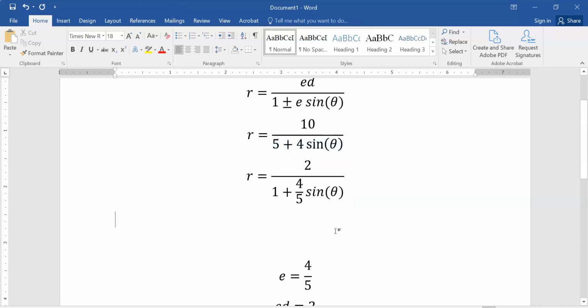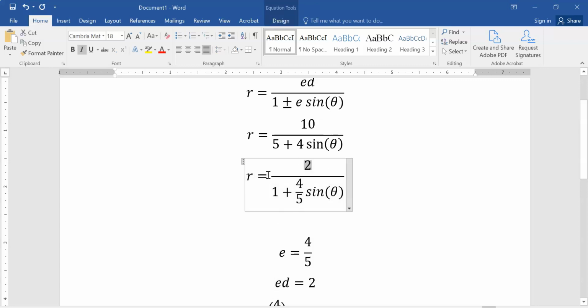Now that means that the eccentricity, the coefficient of my sine, is 4/5. By the way, that means I'm dealing with an ellipse, right? We know E times D has to be the numerator. And don't forget, it's the numerator of this equation. It's not 10, but rather 2.